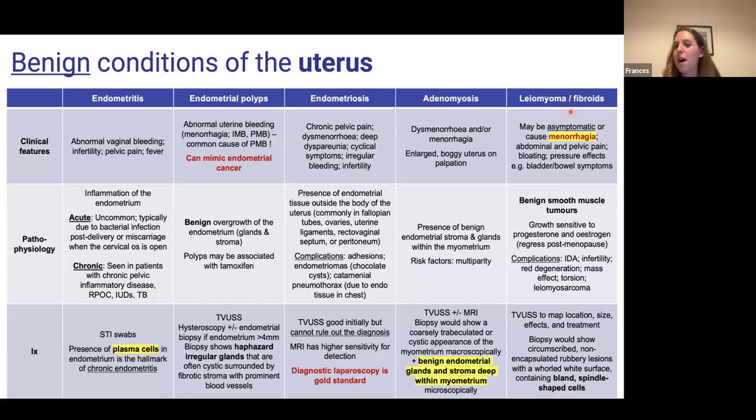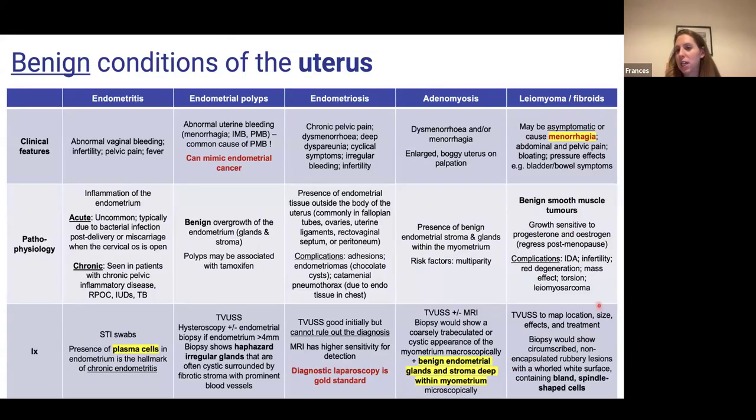Fibroids are your benign smooth muscle tumors, also called leiomyomas. These can be asymptomatic. A lot of women have fibroids and know nothing about it. But it can also cause very heavy bleeding, menorrhagia, as I just described the mechanism, because you're getting these smooth muscle tumors of the myometrium, okay? These are sensitive to hormones, so progesterone and estrogen, and they tend to regress after menopause.